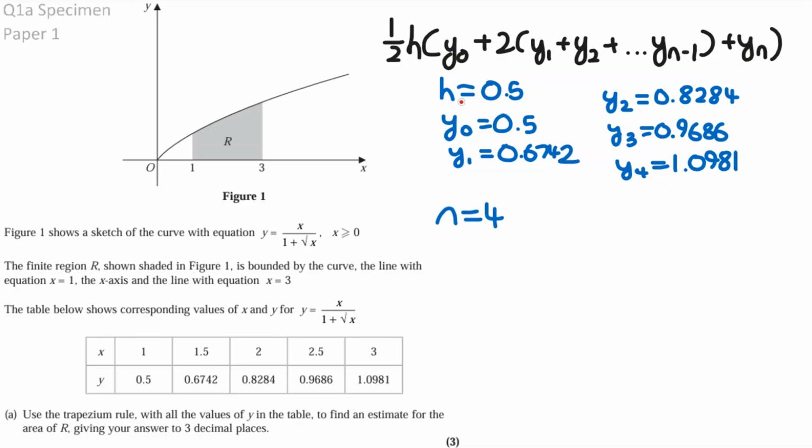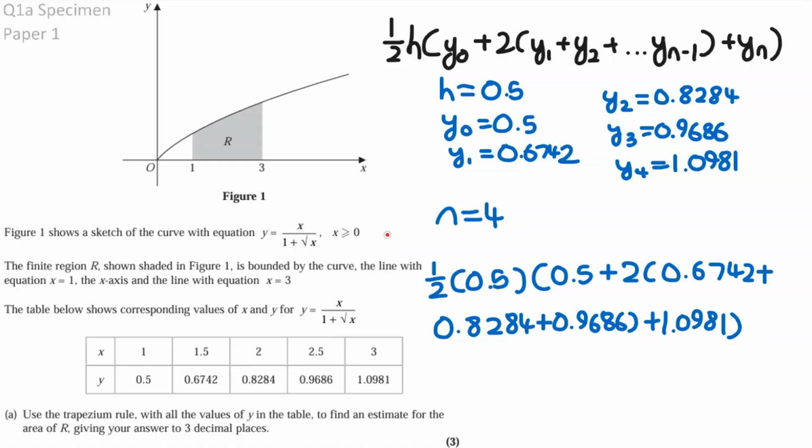So if we plug the values in, it's going to be half h, so half and then 0.5, then y0, which is 0.5, and then plus 2, and then put y1, y2 and y3 inside the bracket with a 2, and then close the bracket, and then plus y4, which is 1.0981.